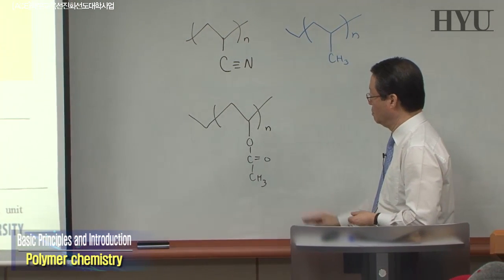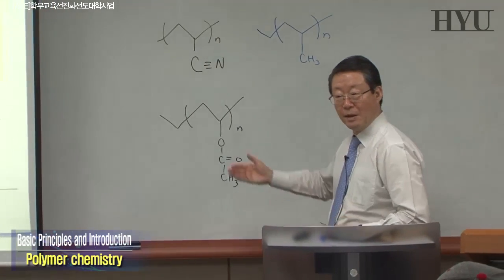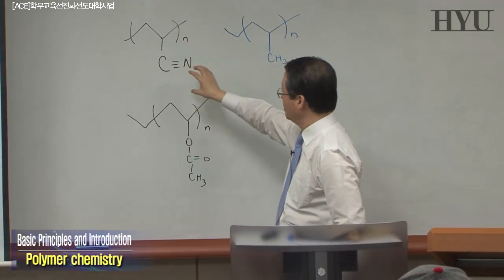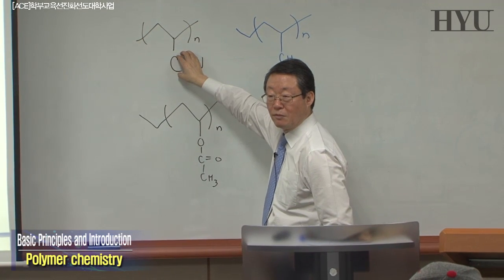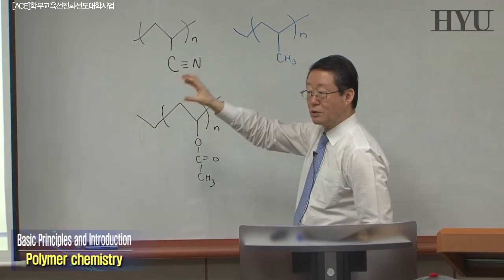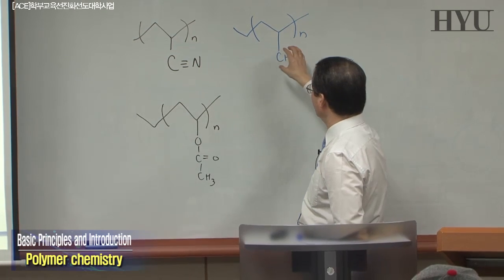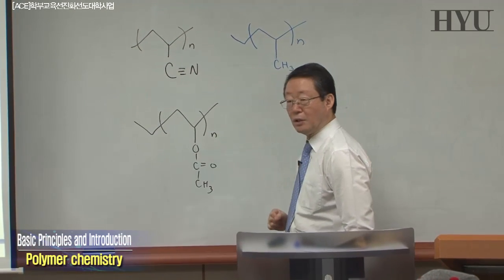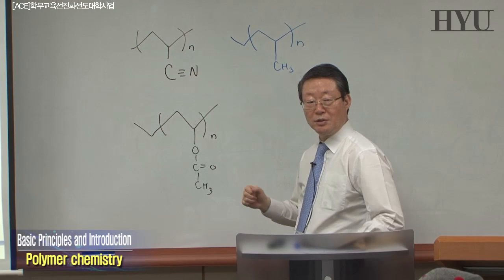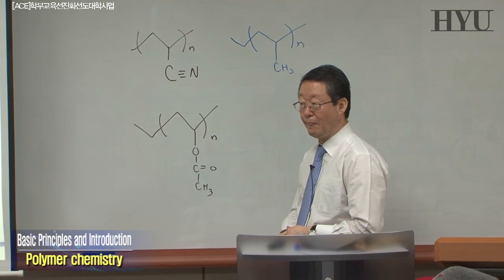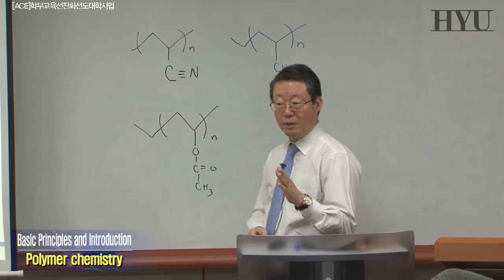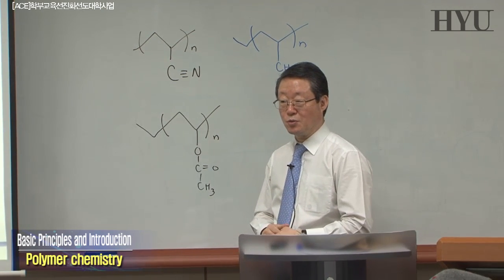So this is polyvinyl acetate, and you see that you can change just the substituent group: nitrile, hydroxyl, methyl, or acetate. By changing those substituent groups, you get different types of polymers and different polymer properties as well.